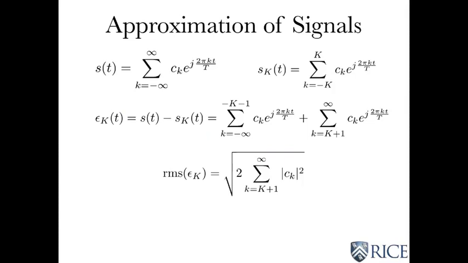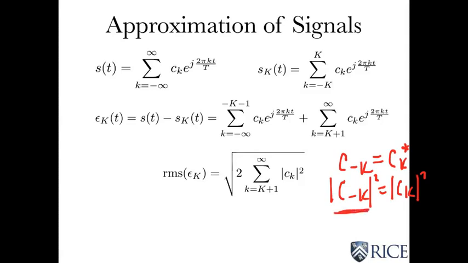So I did a few things here to point out something. We know that for negative frequency, negative index, that c sub minus k is equal to c k conjugate. That means the magnitude of c of minus k squared is equal to the magnitude of c sub k squared. So when I sum up, as Parseval's theorem says, from minus infinity to infinity, the negative index terms, negative frequency terms, are going to be the same as the positive frequency terms.